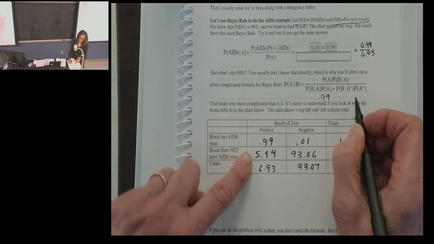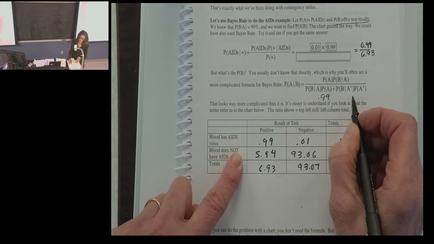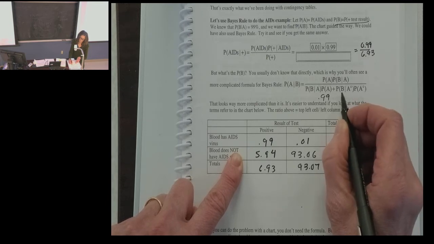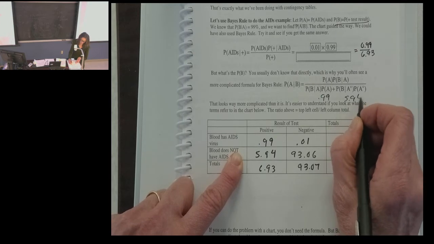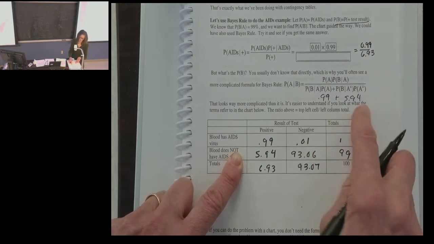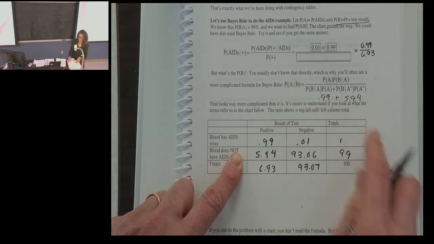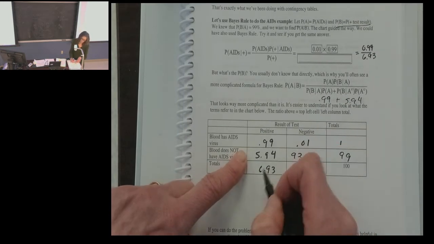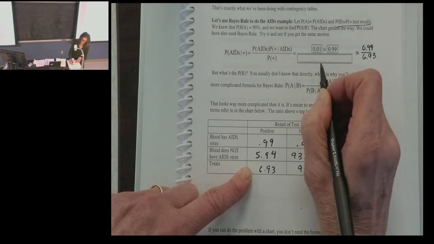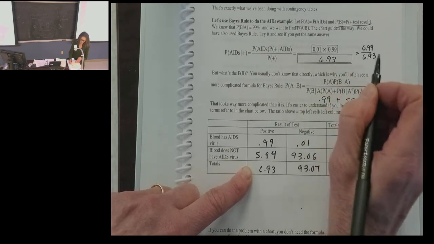And the probability of positive when you don't have AIDS, that's the 5.94. B is the probability of a positive result, and it's just adding those two together. This is what they want to get here, the 6.93.